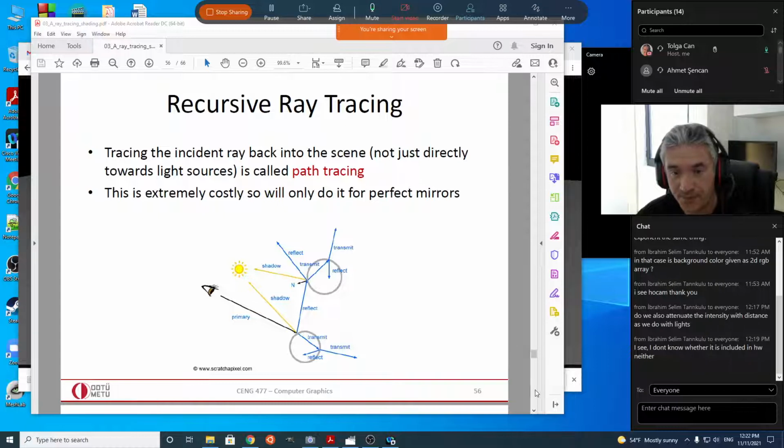So let's see. Another thing is this recursive computation does not continue infinitely, because it may be the case that the reflected rays get stuck. The reflection may continue and continue intersecting with objects infinitely back and forth.